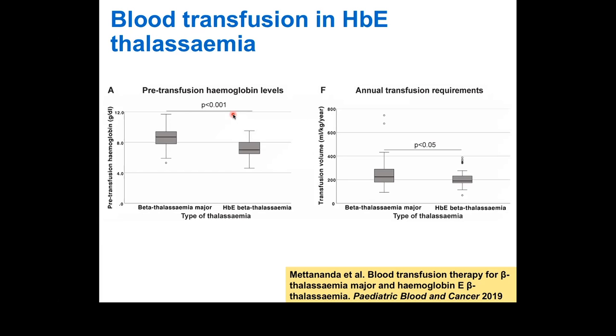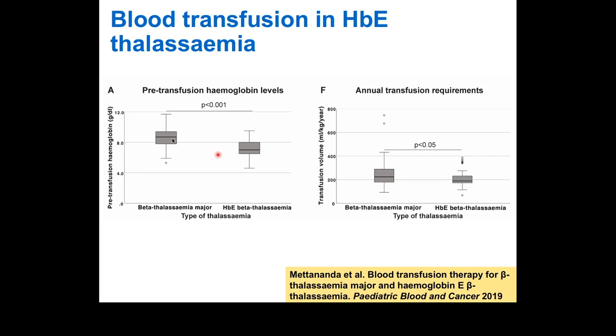However, when we evaluated the transfusion regimes used for hemoglobin E beta thalassemia and beta thalassemia major patients, we saw some drastic findings in this research. We recently evaluated the blood transfusion therapy for patients with thalassemia major and hemoglobin E beta thalassemia, which are labeled as transfusion dependent patients in Ragama, Anuradhapura, and Kurunegala thalassemia centers.